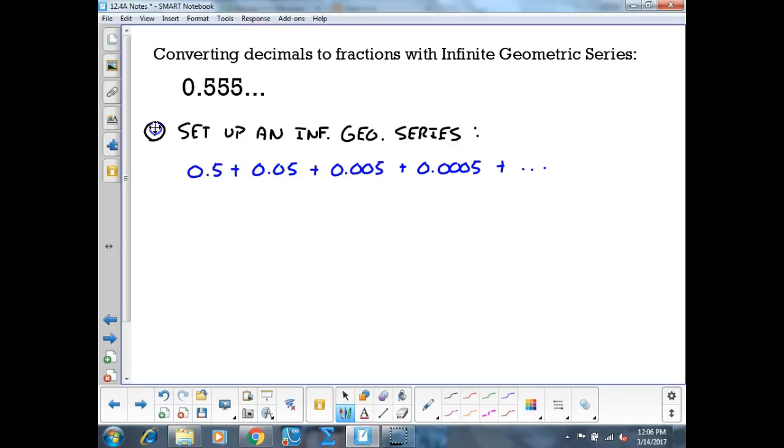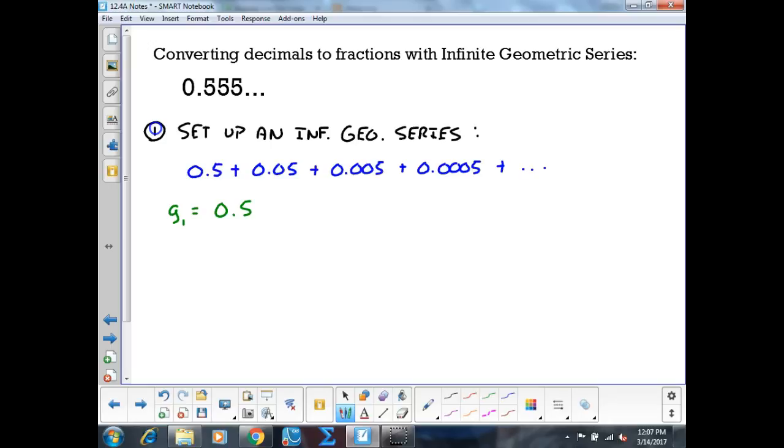Okay. So from that now, let's set up an infinite geometric series. So, what's my g sub 1? Okay.